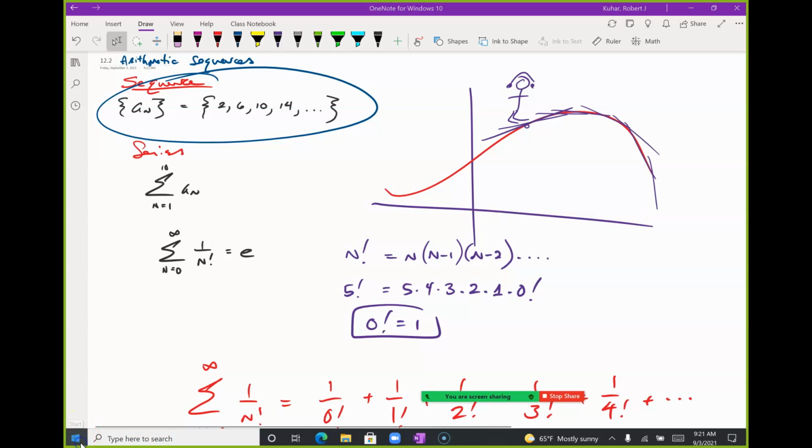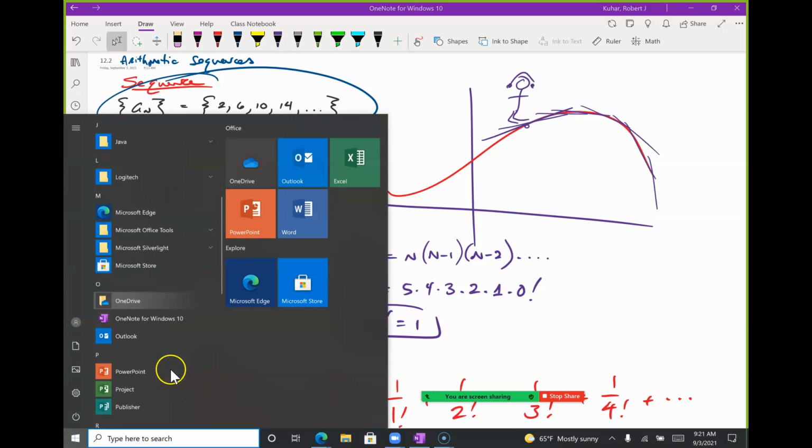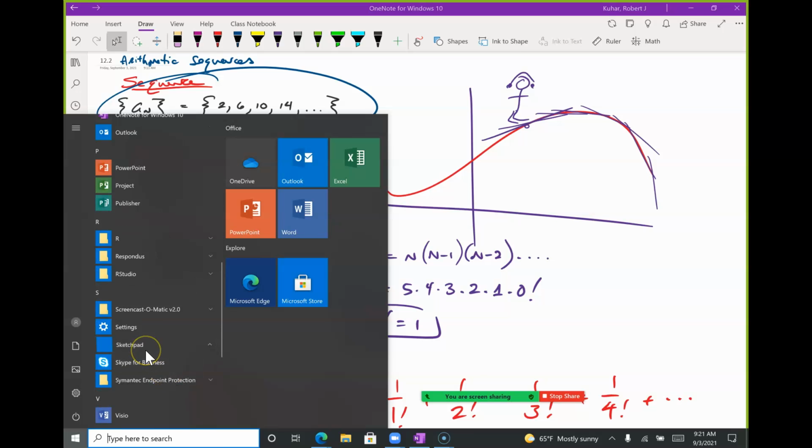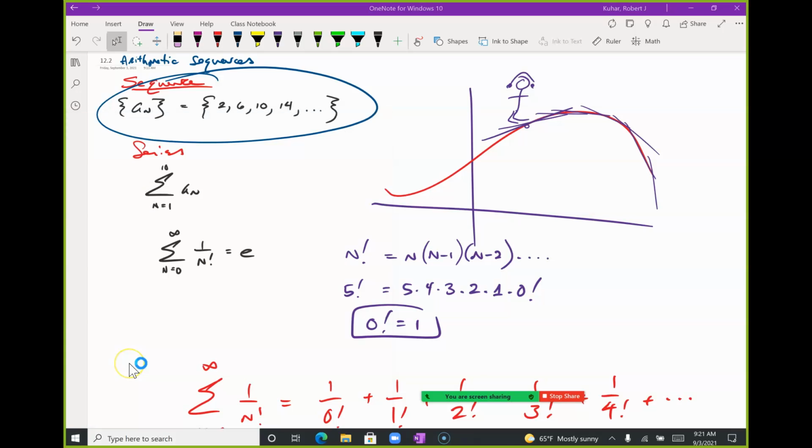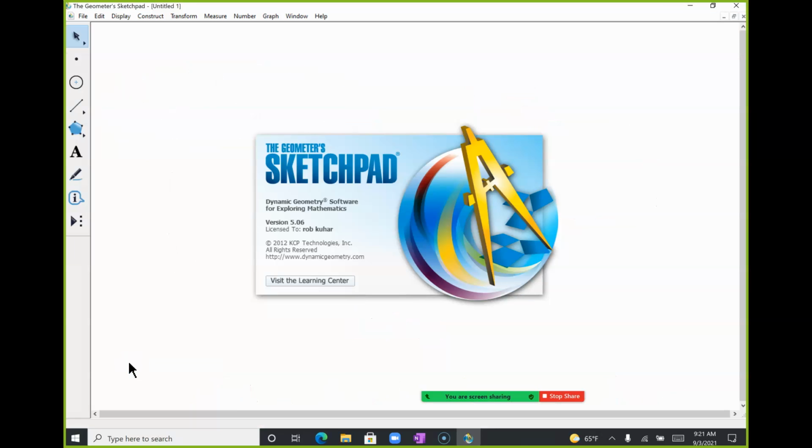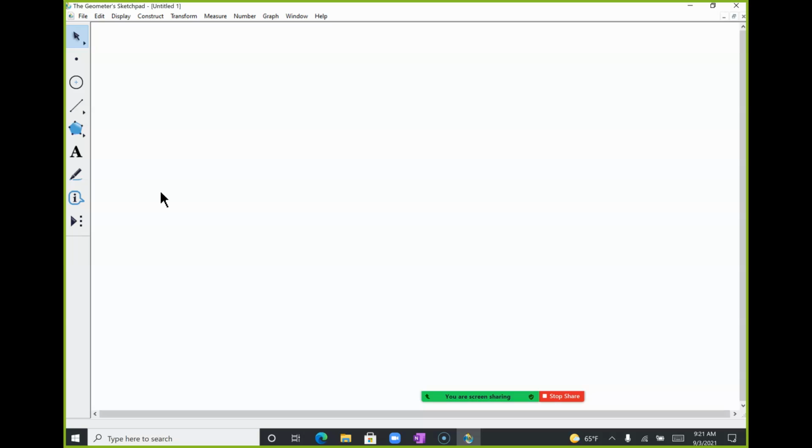I gotta show you one thing here. Here's my sketch pad. So why do we want to do that? Because lines are easy, right? We know how to do everything with straight lines. So that's how we start to study very complicated curves, by talking about tangent lines, lines that are hitting one point of a curve.